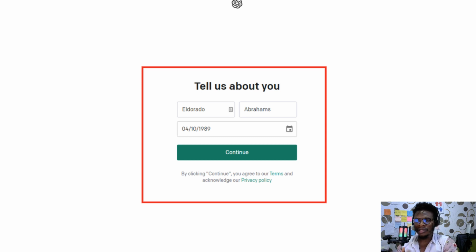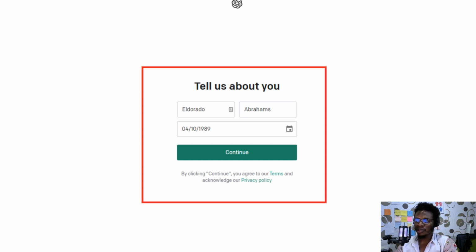According to the developers of this software, they have listed three critical reasons why they ask users to submit their phone numbers. Number one is security reasons. ChatGPT requires your phone number to create an account for security reasons.